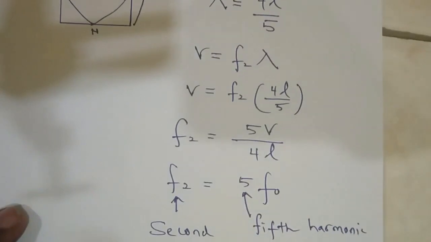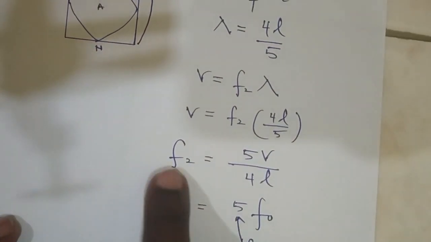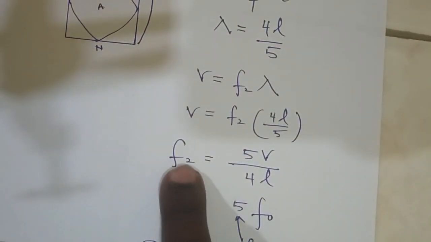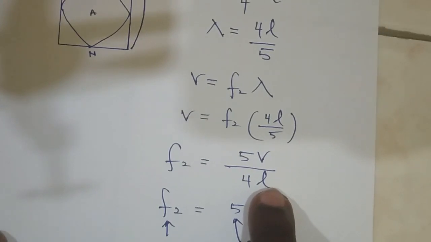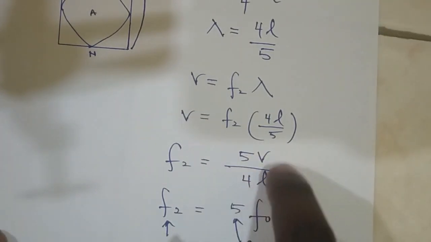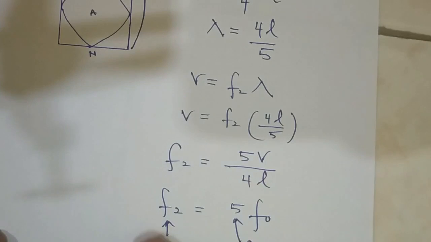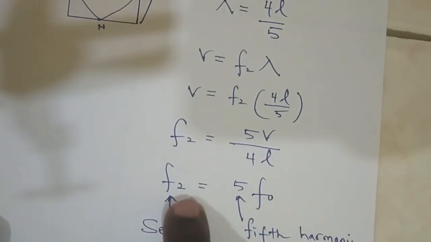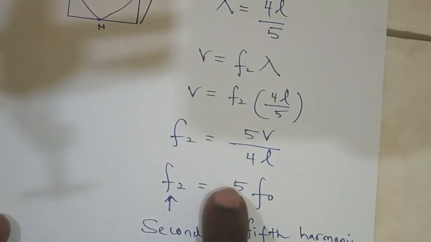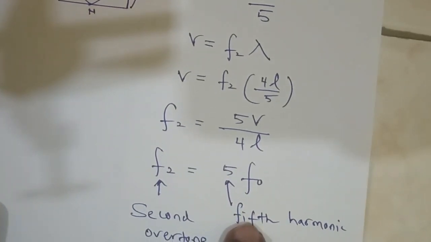So for F2 in terms of F0, V over 4L is F0. So F2 equals 5 F0, where F2 is the second overtone and 5 is the fifth harmonic.